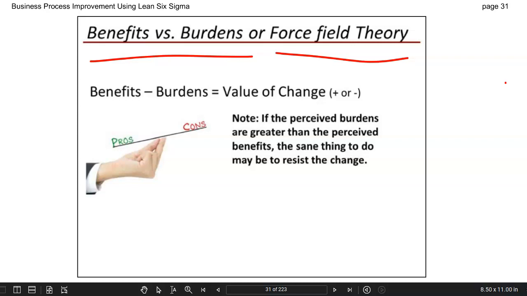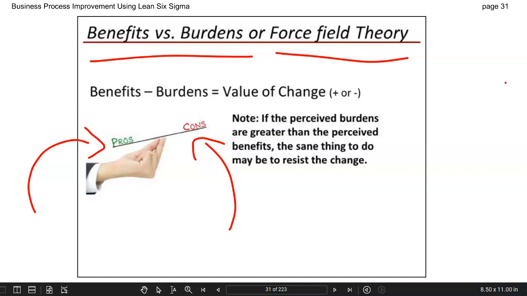The idea is we want to articulate the benefits, or the pros, of the movement from current state to future state and how those benefits outweigh the burdens, or the frustrations, that we now see in current state. If the benefits don't outweigh the burdens, why would anybody want to move to that future state solution? So, simple concept.